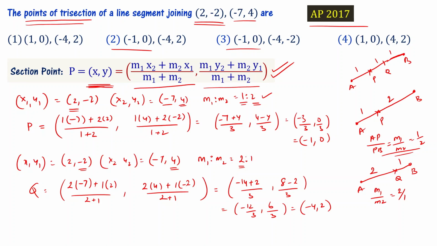So where is minus 4, 2? It is in choice 2. It means choice 2 is the right answer. P is minus 1, 0, right? That's what we got. And Q is minus 4, 2, right? Choice 2 is the right answer. Understood?